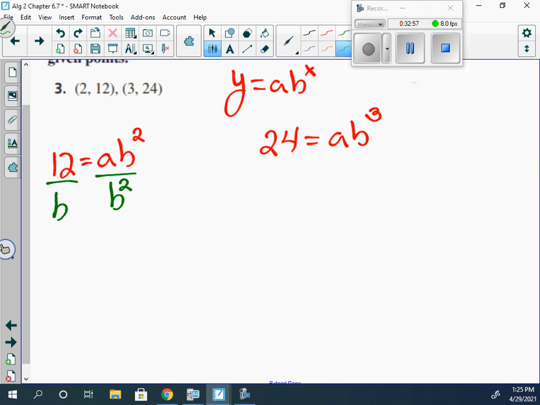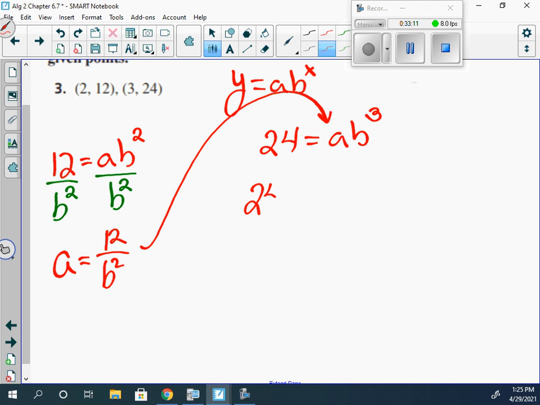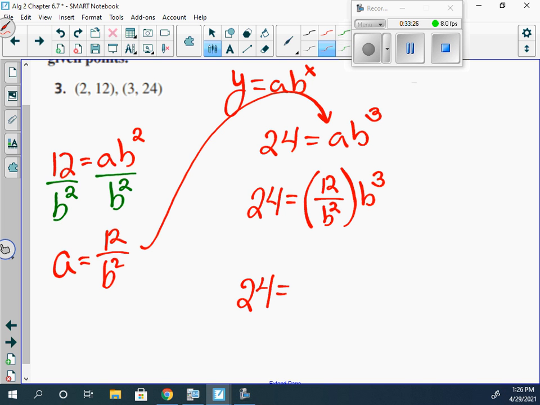So we can divide both sides by b squared, telling us that a is equal to 12 divided by b squared. And then we can plug it in for a.